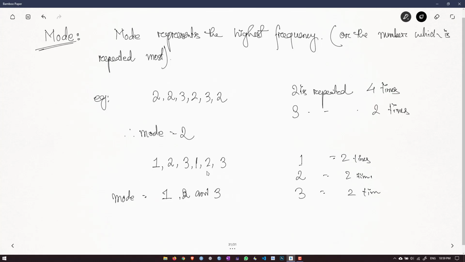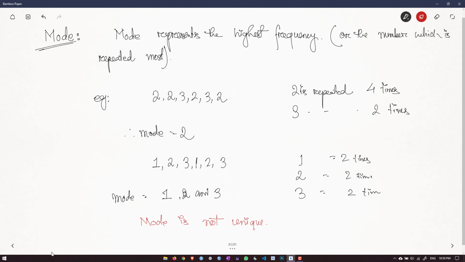So that is one property of mode that you should remember, which is mode is not unique. So unlike arithmetic mean, harmonic mean, geometric mean or median, which always give you a single value, mode is not like that.